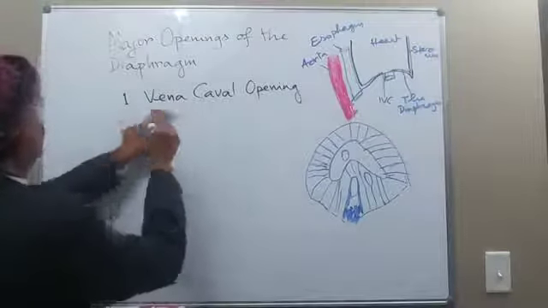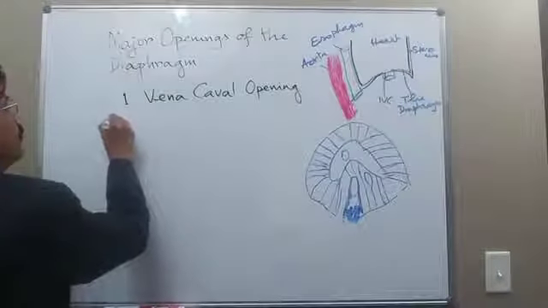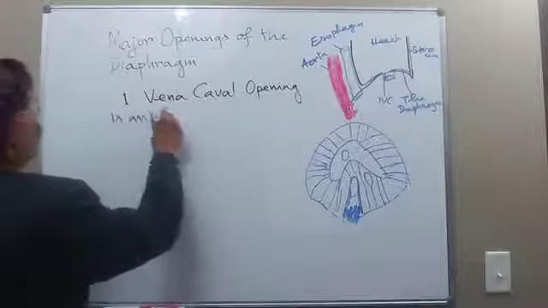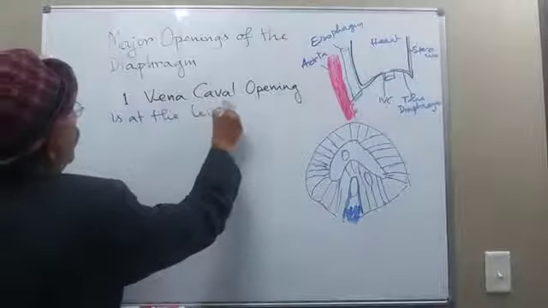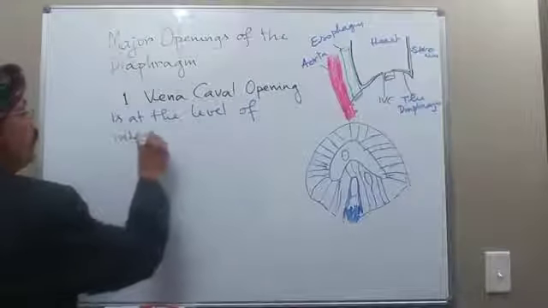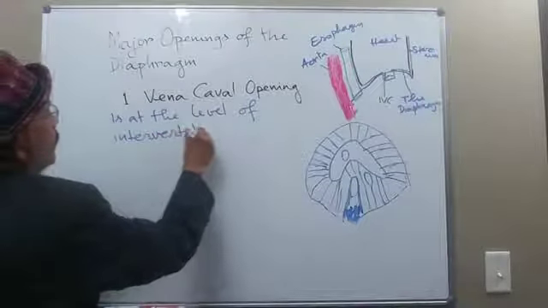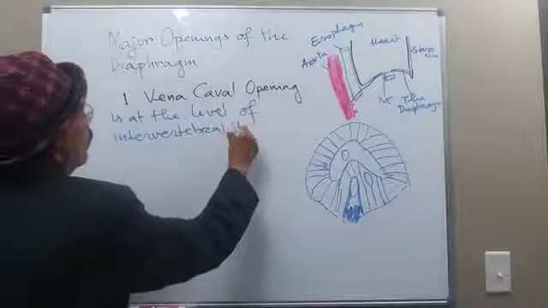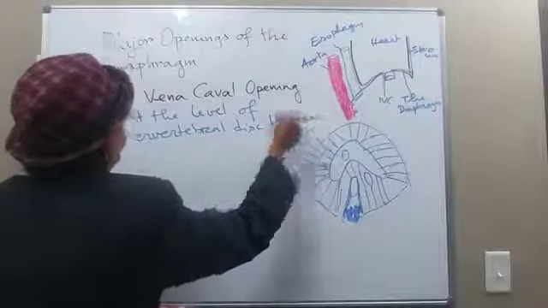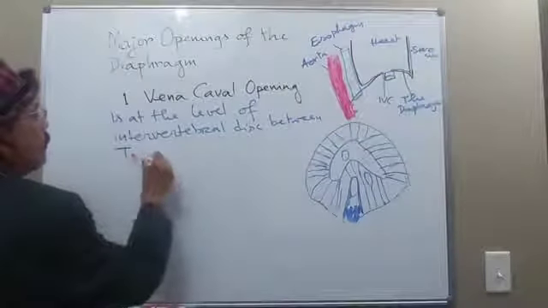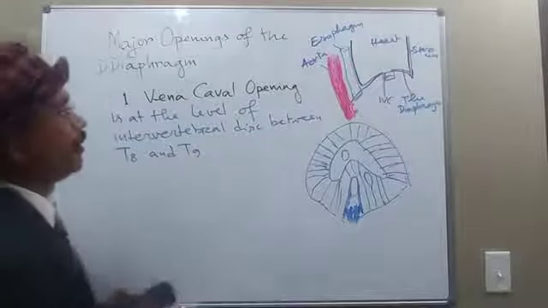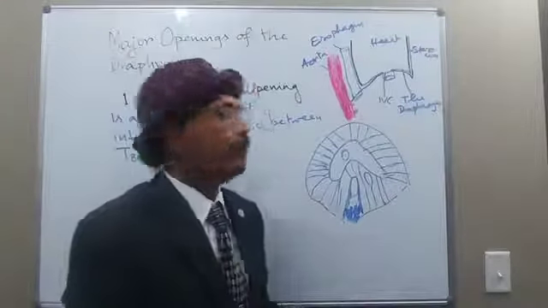So this vena caval opening is at the level of the intervertebral disc between the T8 vertebra and T9 vertebra. We got that? Vena caval opening.